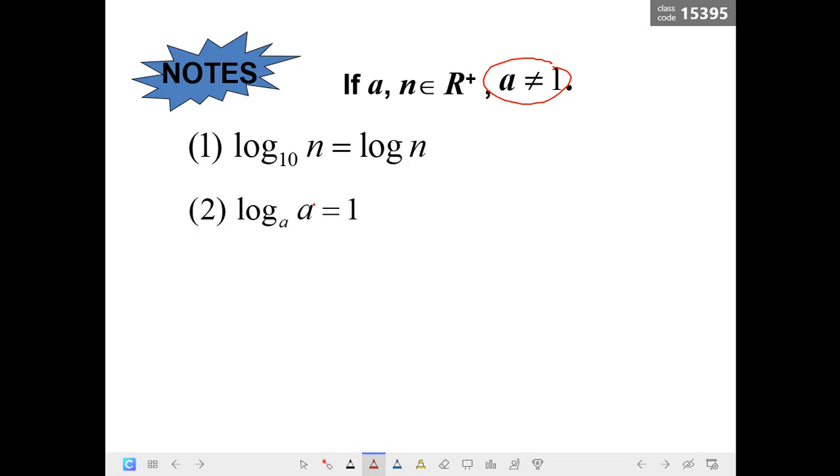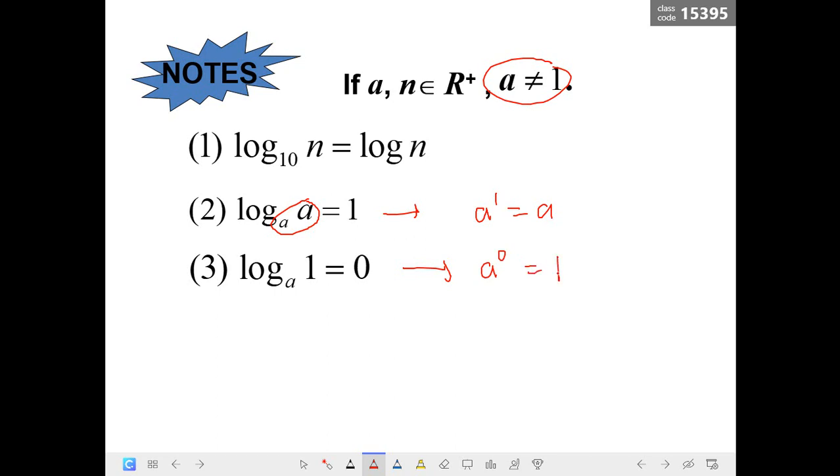Log a, the base a, same base, is equal to 1. Why? Because we change to index, a to the power 1 is equal to a. Log 1 to the base a is equal to 0. Why? Because if you change to the base, a to the power 0 is equal to 1.